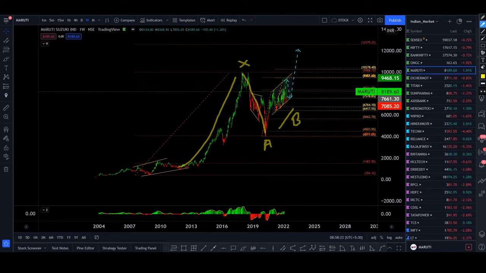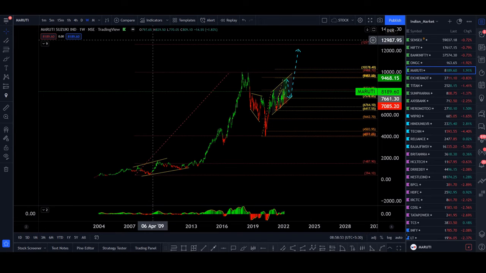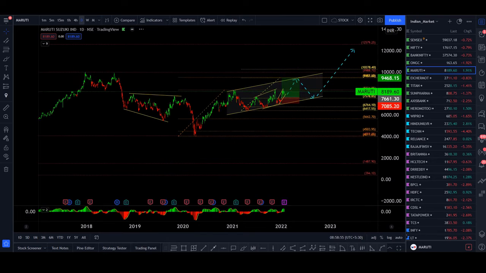There are two possibilities where it can continue: it can have a running flat to continue, or it can even come down. But since this pull down came down to a major retracement level, I'm not really expecting a major pull down, though you can have short pull downs before it goes up. We have to monitor closely what happens. But at this point, yes, it is in an uptrend.